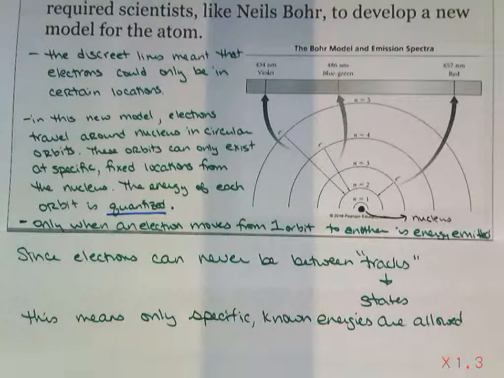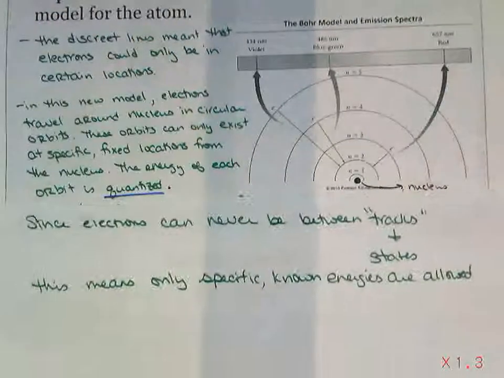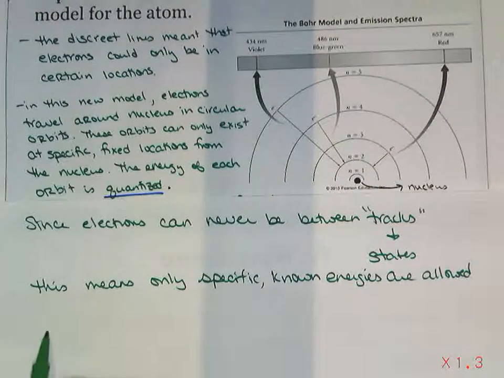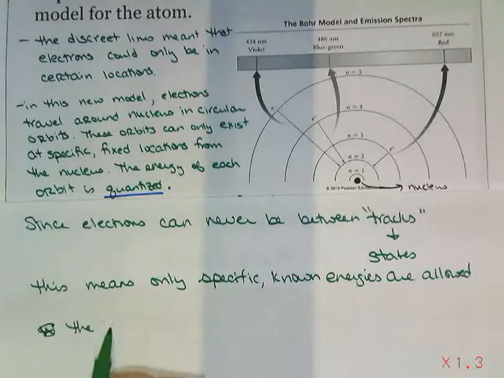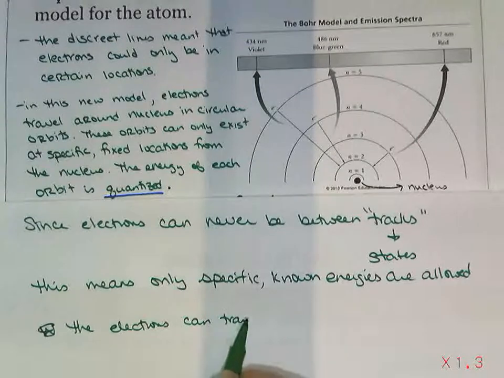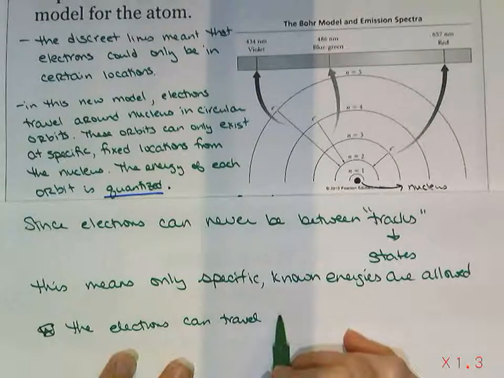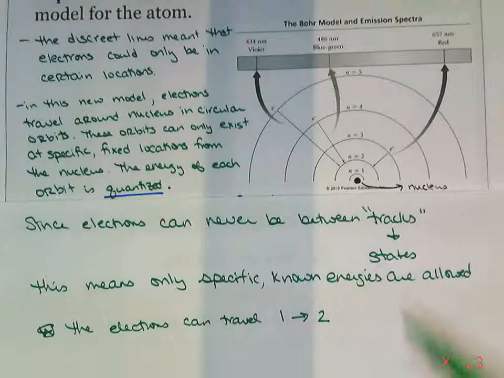So there's two different ways we could travel from track to track. We, the electrons, could travel increasing in number. We could travel 1 to 2, start on the inside and move out. Or we can do the reverse, start on the outside and move in.